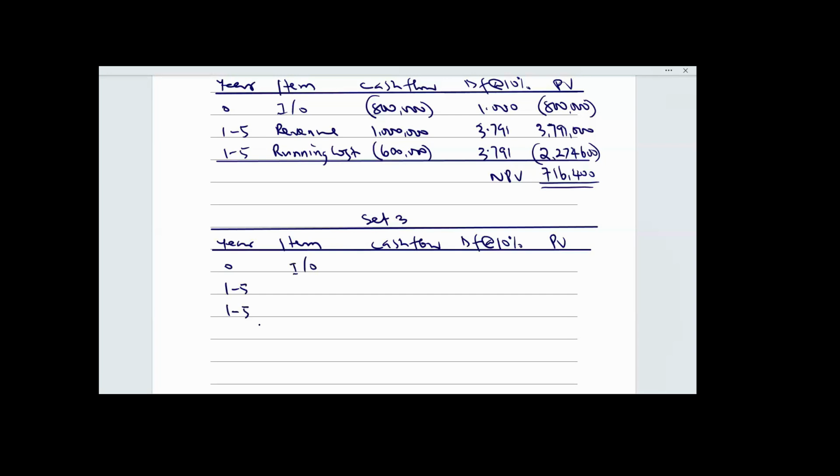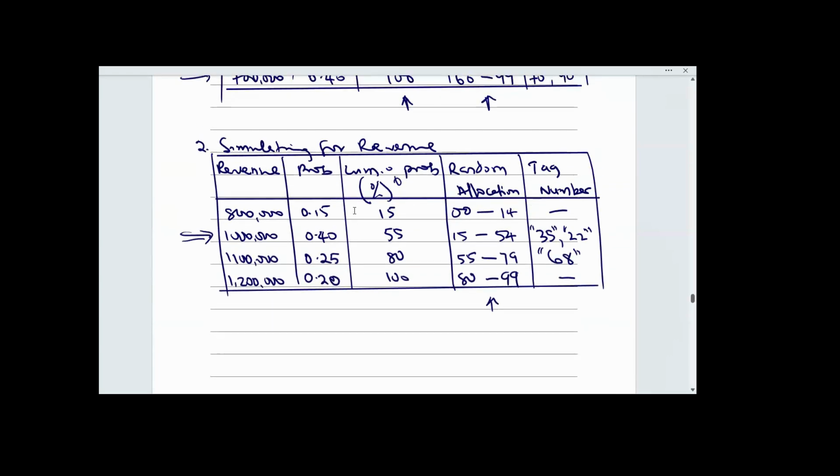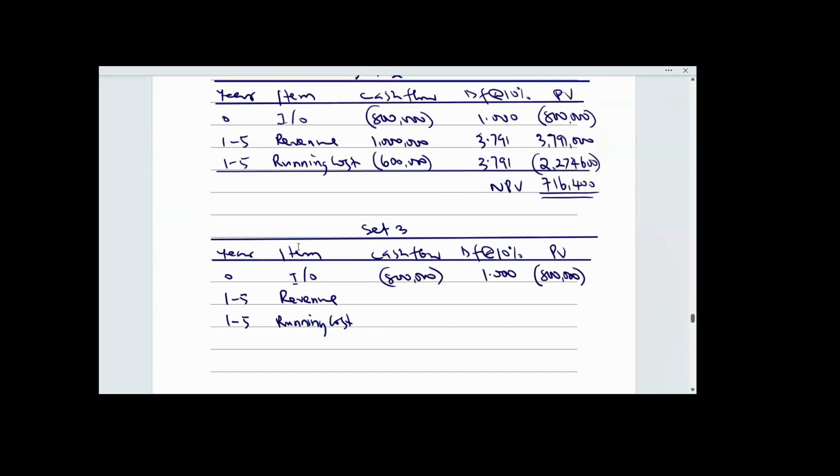Initial outlay, revenue, then running costs. 800,000 multiplied by 1 is 800,000. Now, for set 3, the tag number for revenue would be 68. So trace it to the left. You have 1.1 million.